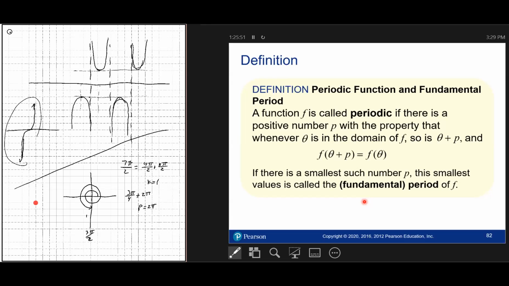Sir, where did you get the 3 pi over 4? Well, once around the circle is 4 pi over 2, right? That's 2 pi, but I'm dividing by 2. So 4 pi over 2 is less than 7 pi over 2.